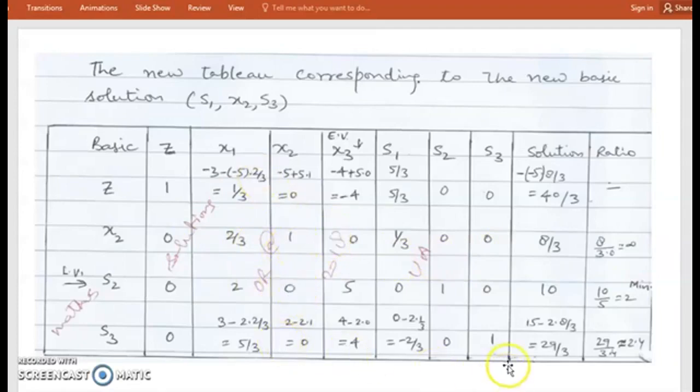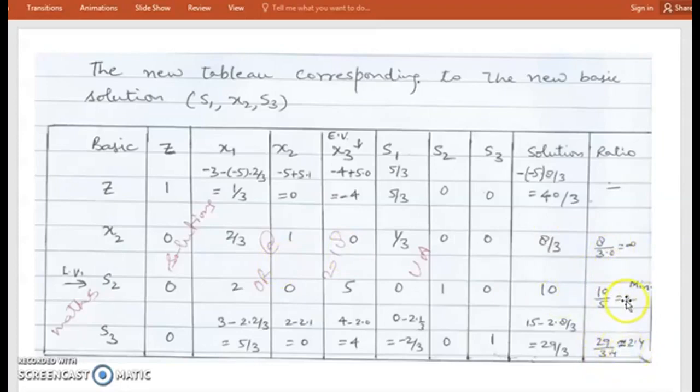Again we have to see which is most negative. -4 is the most negative, so this becomes the entering variable, and this becomes the pivot column. To find the leaving variable we find the ratio. 8/3 divided by 0 becomes infinity, 10/5 is 2, and 29/3 divided by 4 is 2.4.